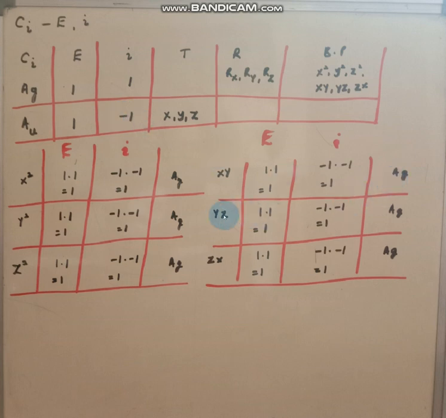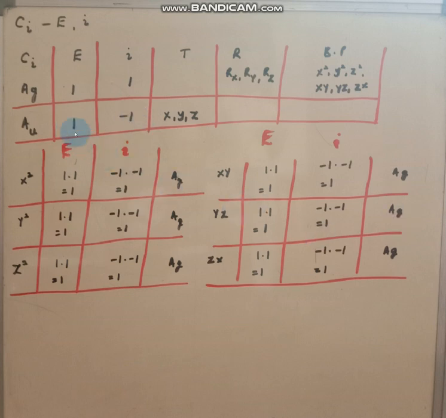Similarly, y and z both are same, that is y with reference to E and y with reference to i both are same, and z with reference to E and i both are same. Now, if I write 1 into 1, minus 1 into minus 1, it corresponds to Ag.